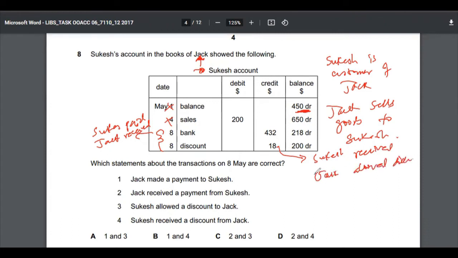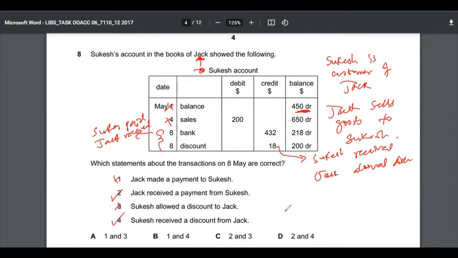So you would have to find something along these lines. That would be the transaction which would be correct. So Jack made a payment, that's actually incorrect. Jack received a payment from Sukesh, that's actually correct. Sukesh allowed a discount. So how can Sukesh allow a discount when Sukesh is actually a customer, right?